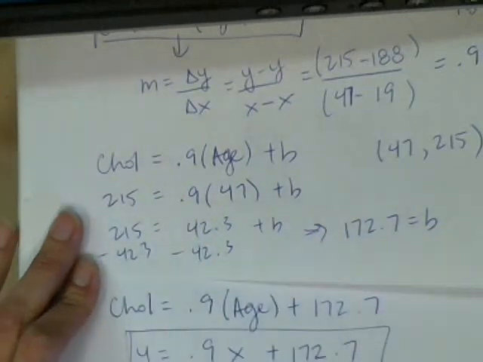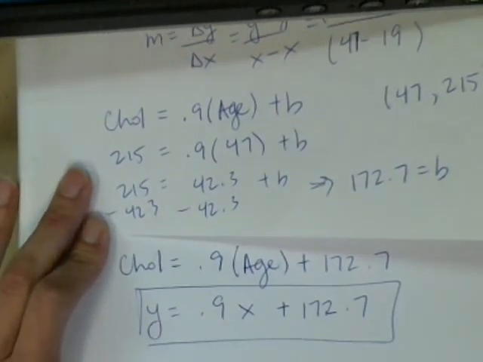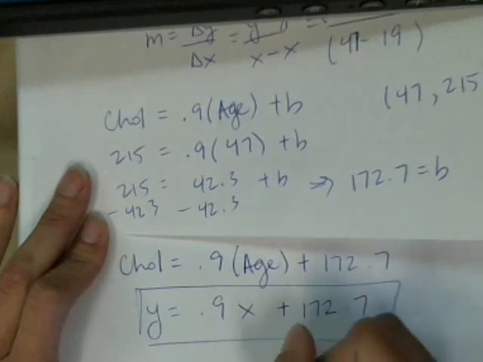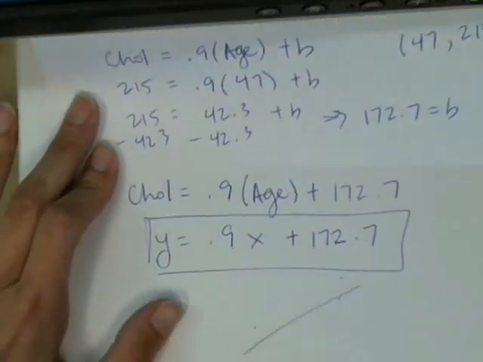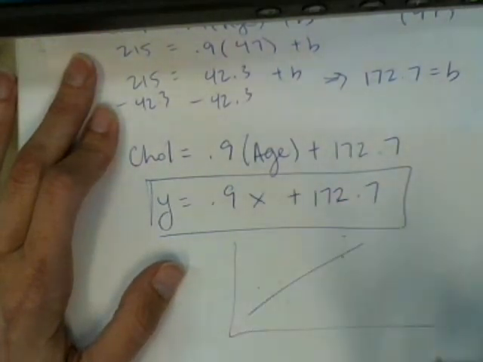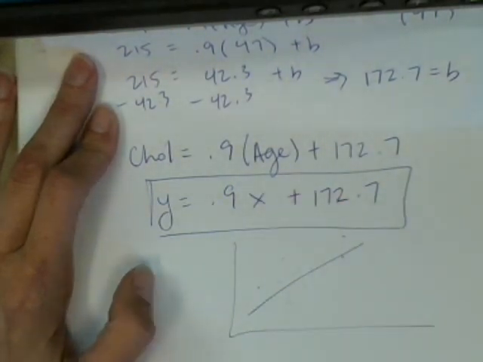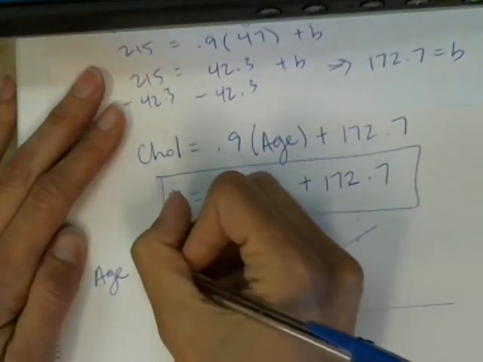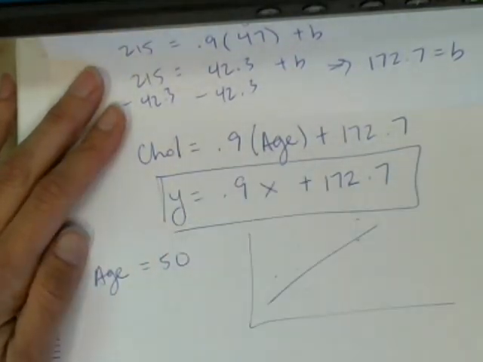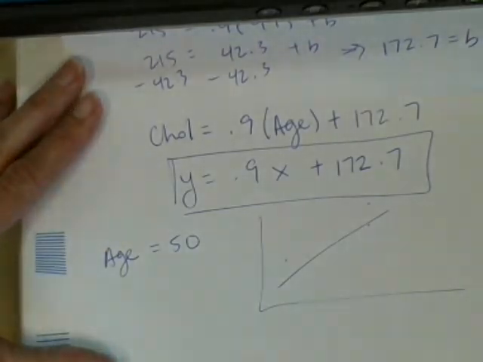Now we can use this to make predictions. So based on our trend line, and we had some data values in different places, right? That's a really beautiful looking graph. But based on our trend line now, we can make some predictions. So for example, what would the predicted cholesterol level be for somebody who is 50 years old?